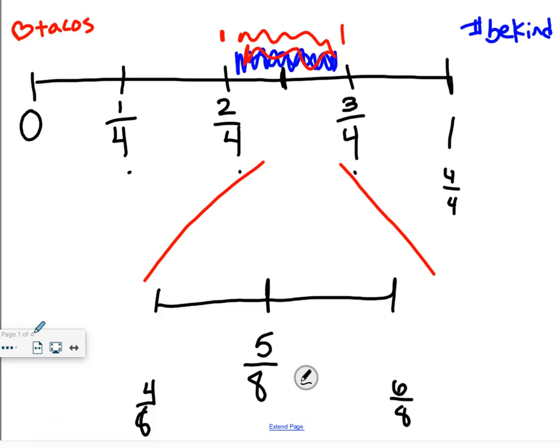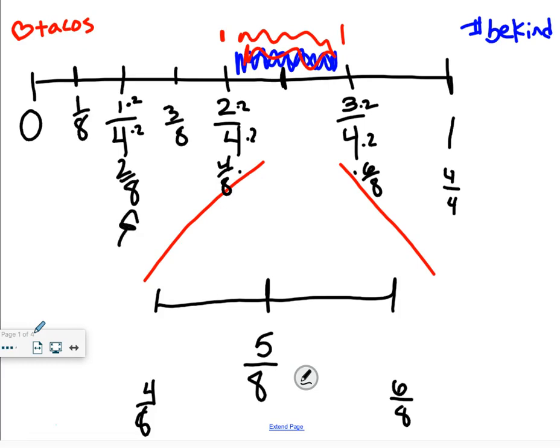If I split the whole thing up, and I made all of them into eighths, I'd multiply them all by 2. I could make this into eighths, so it would be 2/8, 4/8, 6/8, and in between I would have 1/8. Then we have 2/8. Then there'd be 3/8. Then 4/8. Then 5/8.